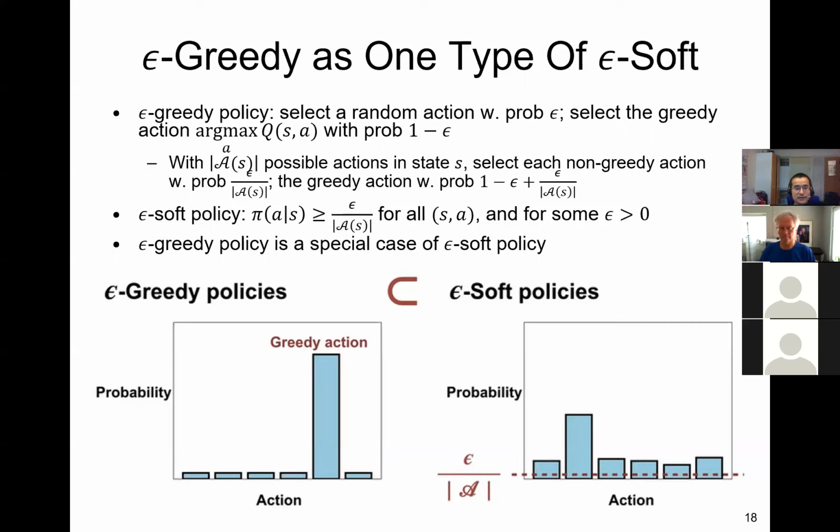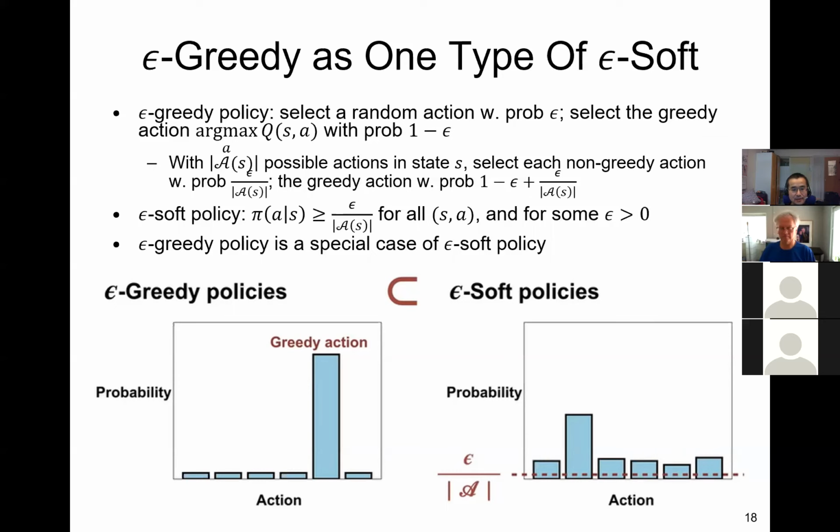So with a total possible actions in state S, select each non-greedy action with probability epsilon divided by the size of the action set, and the greedy action with 1 minus epsilon plus epsilon divided by that, because the random action includes the greedy action as one of them.